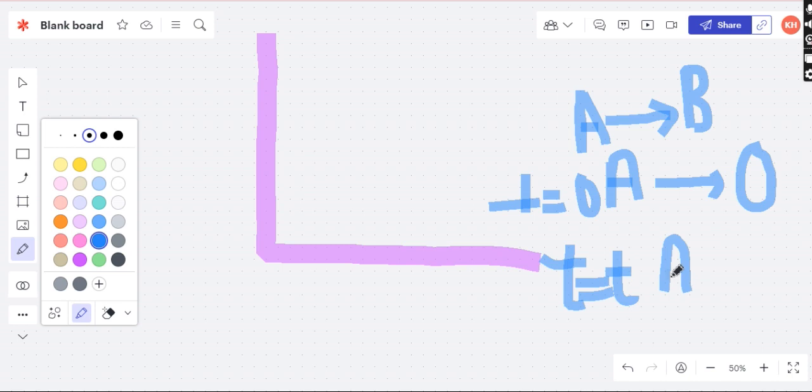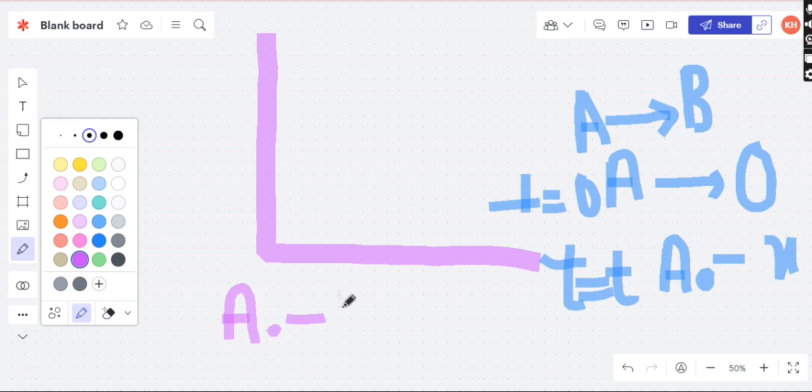So it's something like this: A naught by x. We know the other form of the equation which we derived in the previous video, that's A naught by kt. Right? Let's compare both formulas.